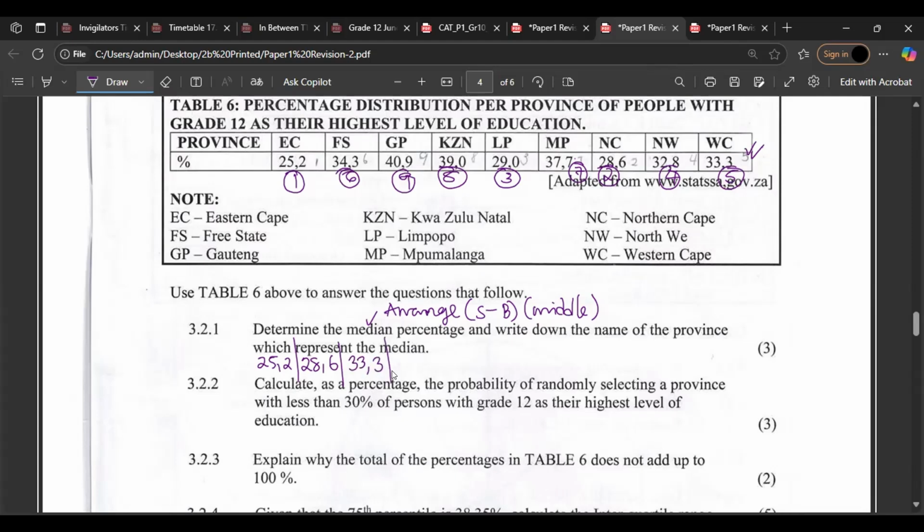You're looking for number 4, 32. Where is number 3? Number 3 is 29.0. Number 4 is 32.8.